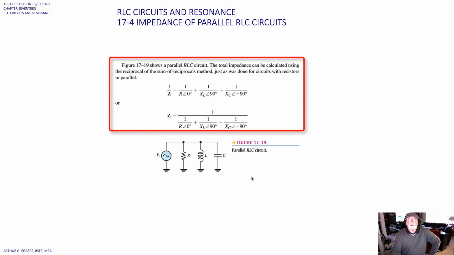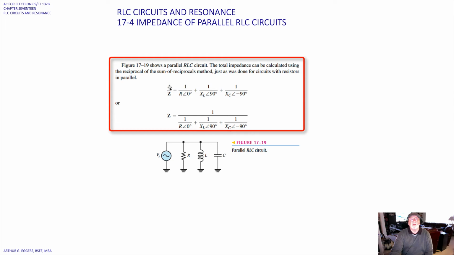So if we look at this simple RLC parallel network, one resistor, one inductor, one capacitor, we can see that the total impedance can be calculated using those reciprocal values that we learned before, the sum of the reciprocals method, just as we did for resistors in parallel.